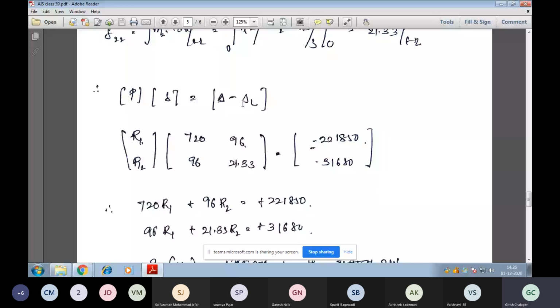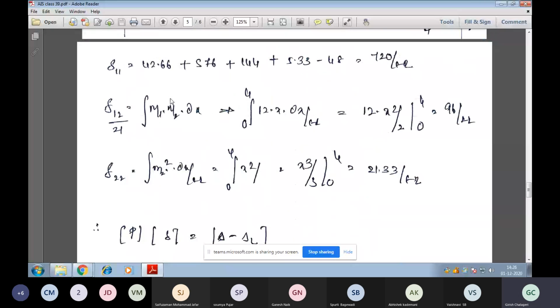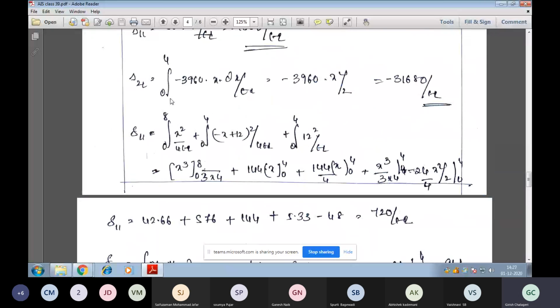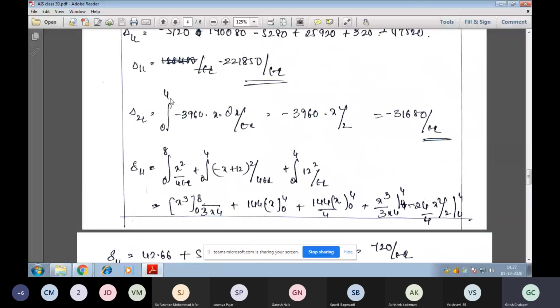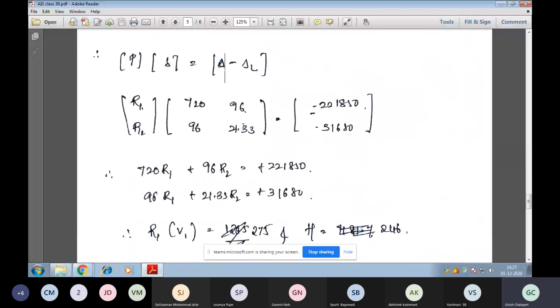P is nothing but the unknown forces. That is, one is vertical force, one is horizontal force. That is VA, HA. Delta, we need to know the delta here. So delta is the deflection at one point due to the external loads, unit load applied in horizontal direction. And delta 22 is the unit load applied in the direction of horizontal due to the requirement.